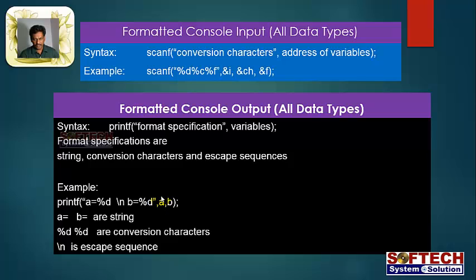The first percentage d is replaced by the value of a, and the second percentage d is replaced by the value of b. So the output is a equal to some integer, b equal to some integer. Here "a equal to" and "b equal to" are strings, percentage d is a conversion character, and backslash n is an escape sequence.